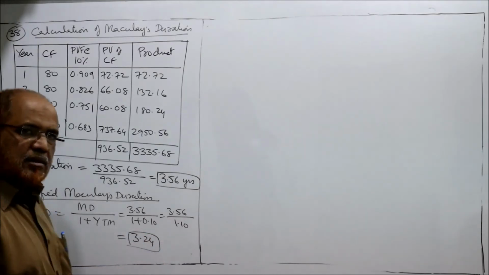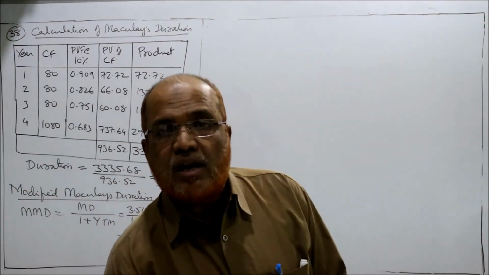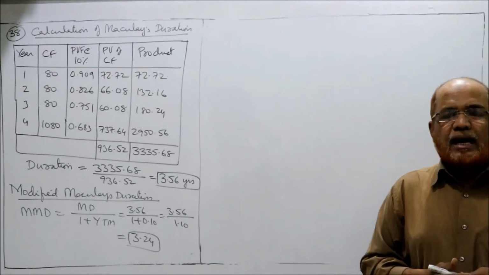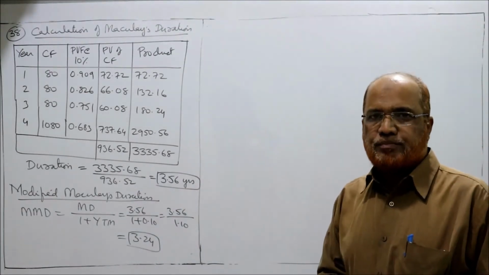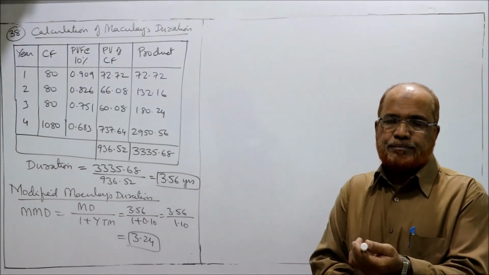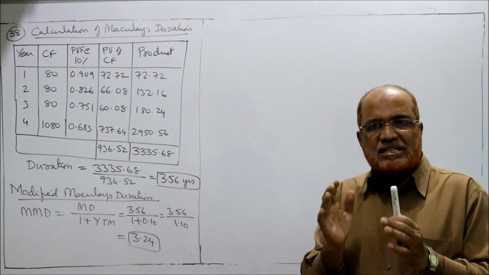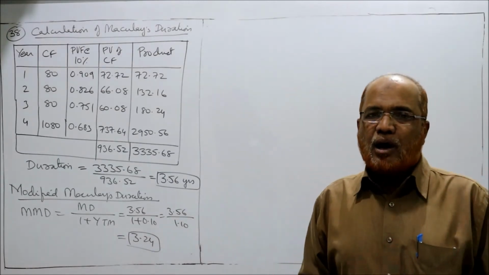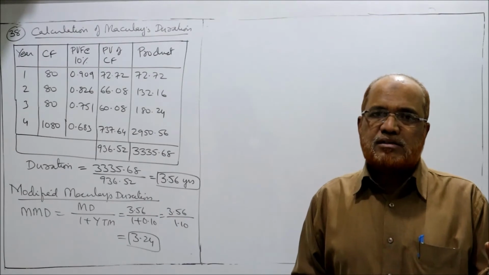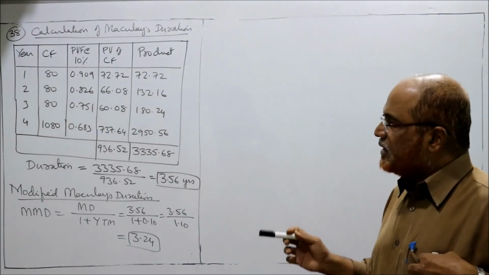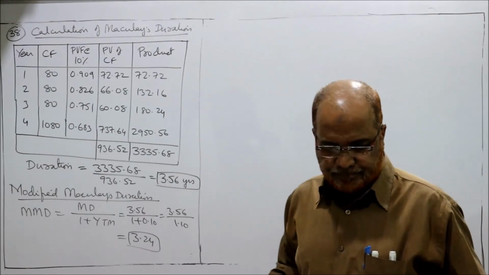That's it. Very frequently in examination they will ask this type of simple problem: calculate the duration and calculate the modified duration. The modified duration is also called volatility. It shows the sensitivity of bond price to changes in the interest rates. How sensitive is the bond price whenever there is a change in the interest rate? That is called volatility.